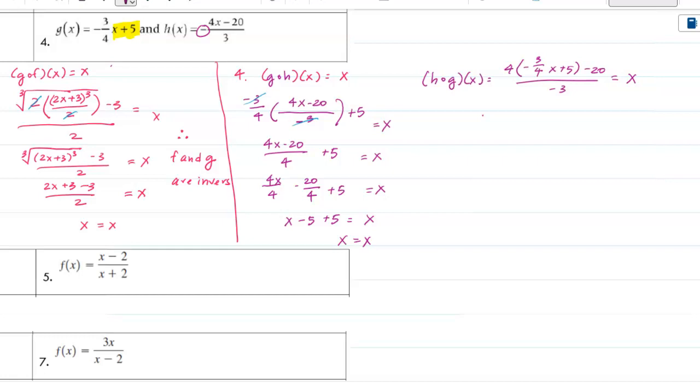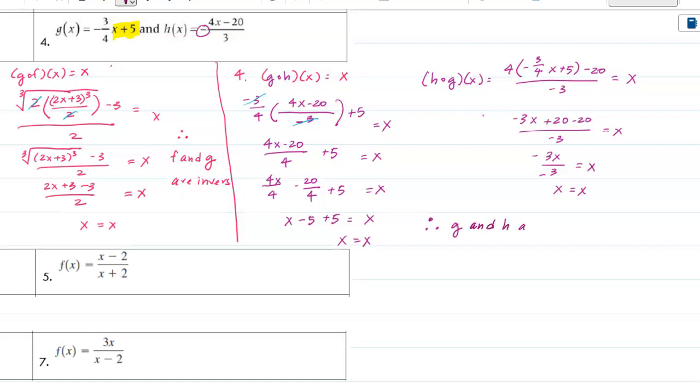Distribute the 4, so that's negative 3x plus 20 minus 20 over negative 3 equals x. Negative 3x divided by negative 3 equals x. So x equals x. Therefore, functions g and h are inverses.